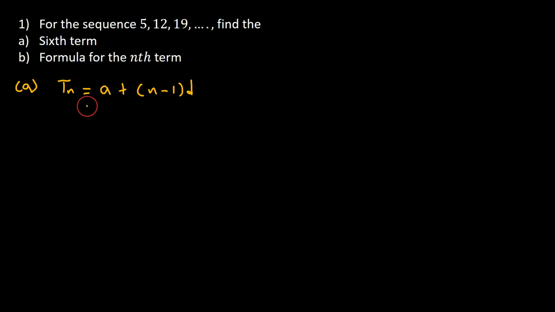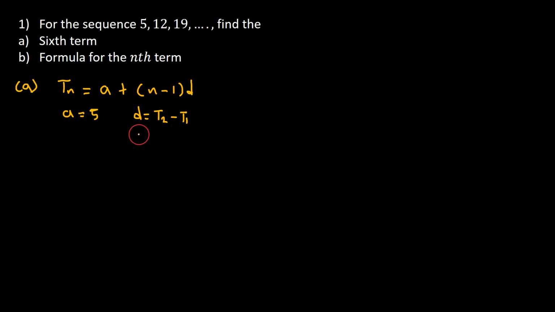In order to solve for the 60th term, we will need the first term as well as the common difference. So the first term is 5, and for the common difference, we say d equals second term minus first term.